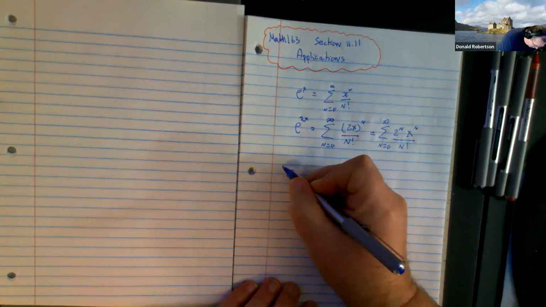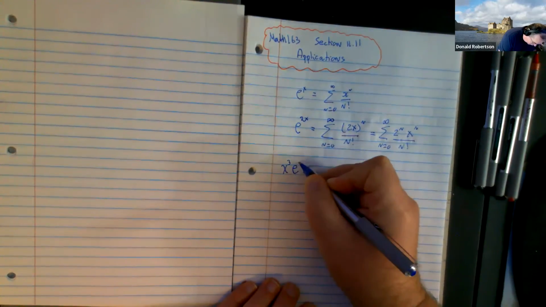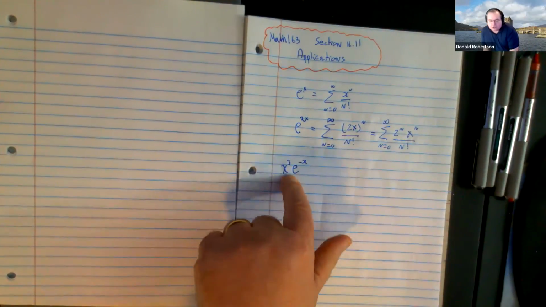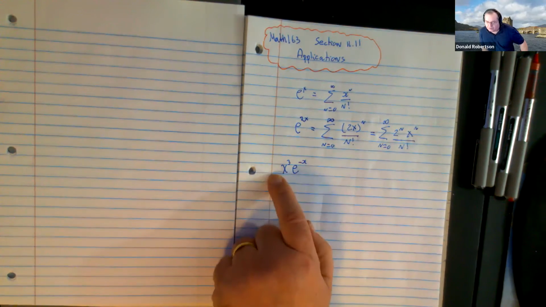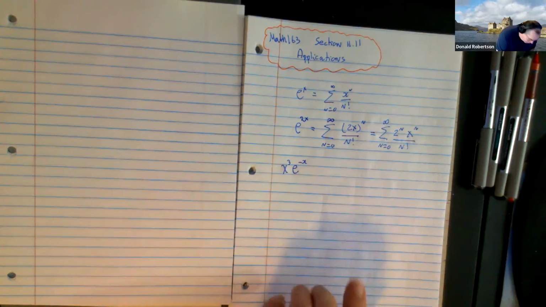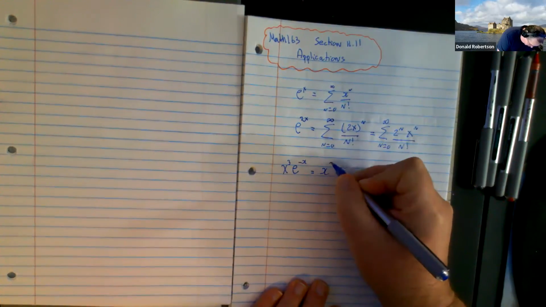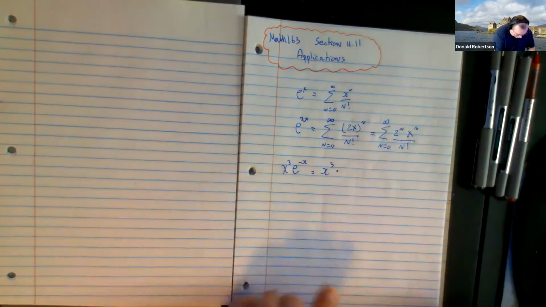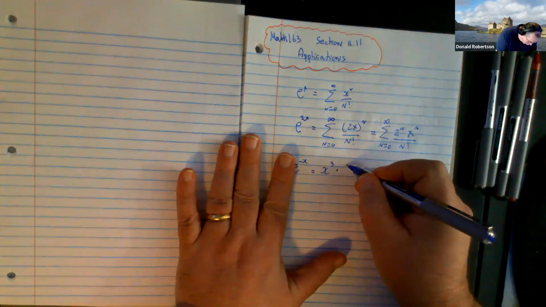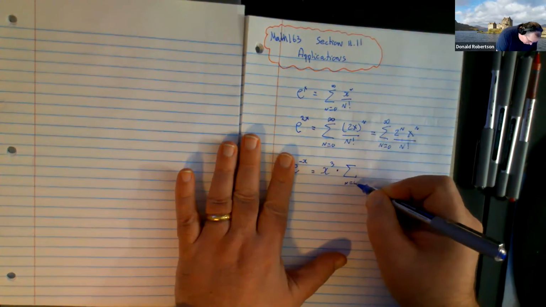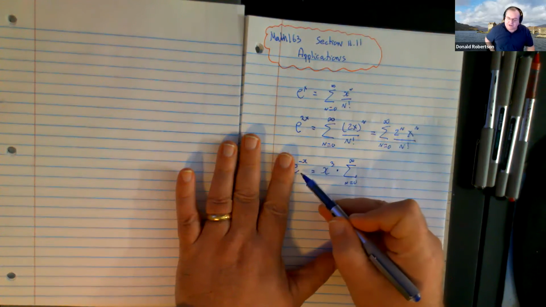Now, suppose you were being asked to do x cubed e to the negative x. So suppose that was the function you wanted to find a power series for. Well, the way you would approach that is you'd think of it as x cubed, and then you do a power series for e to the negative x.